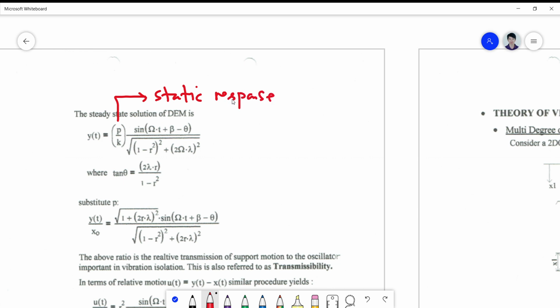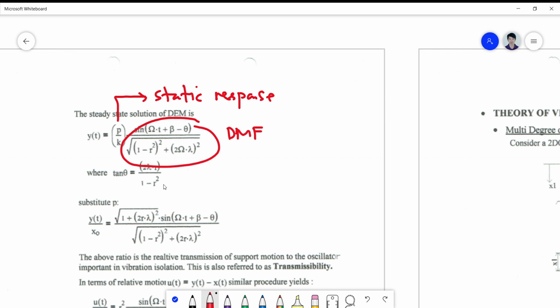The rest is considered a magnification factor, the dynamic magnification factor. And of course, theta is again introduced here, which is simply 2 lambda r over 1 minus r squared.